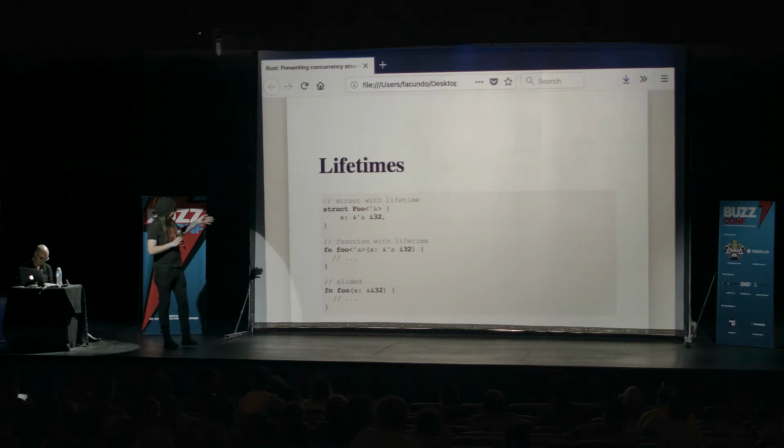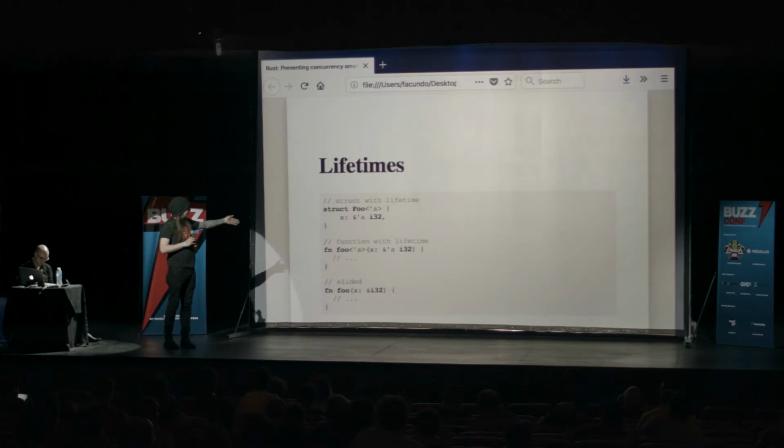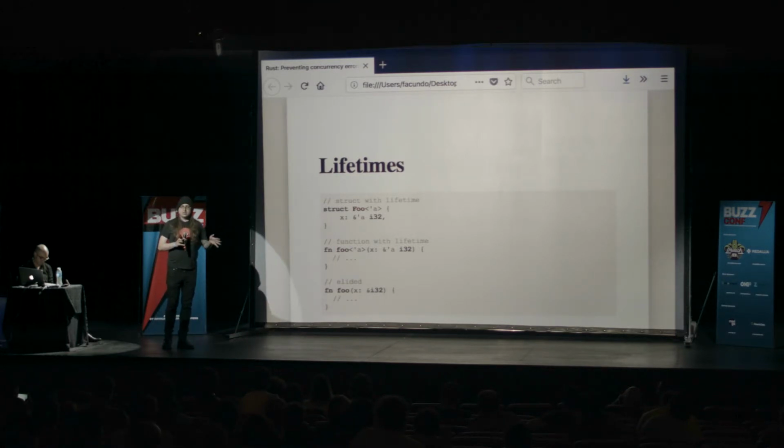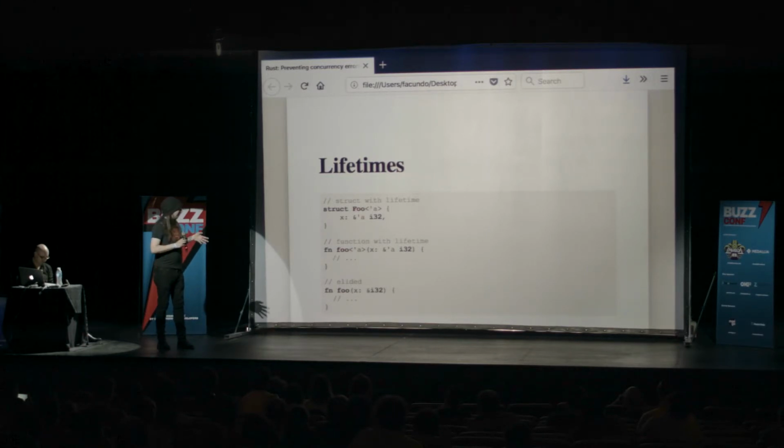But just like types, we can have a function that's generic over some lifetime. So x is a parameter that is a reference to i32, and it has some lifetime 'a. However, because the syntax is, as I said earlier, a little intense, we actually provide certain heuristics where you don't need to write the lifetimes if they can only make sense one way. So for example, here we have one reference, there's nothing else.